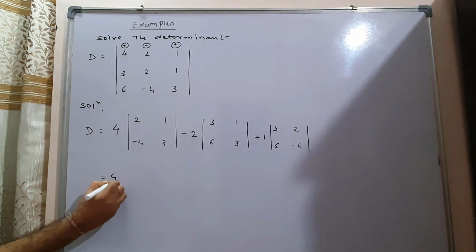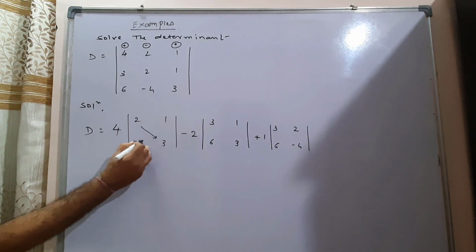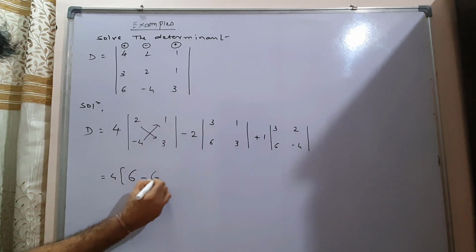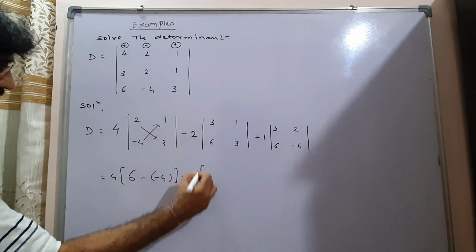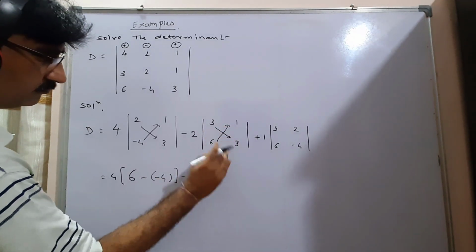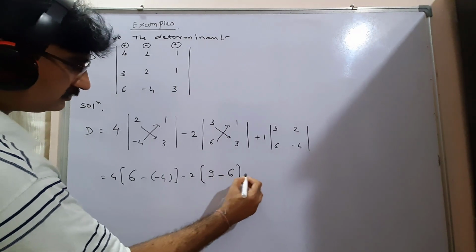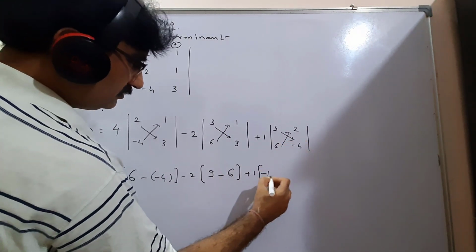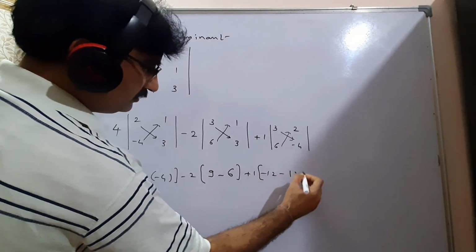Now apply the rule for a 2 by 2 determinant. 2 into 3, 6, minus of minus 4. Again 3 into 3, that is 9, minus 6 into 1, that is 6, plus 1. Again take cross multiplication, minus 12, minus 12.